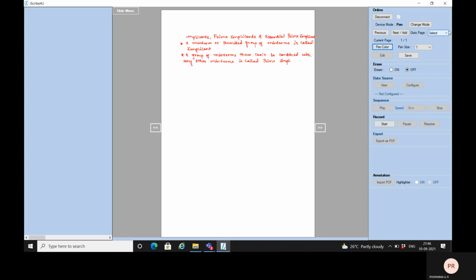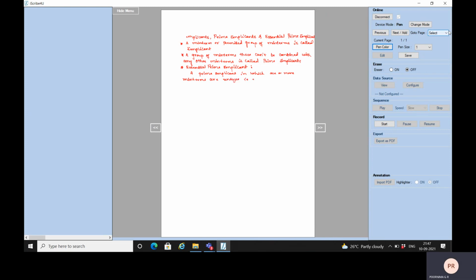If the essential prime implicant is to be defined, it is defined as a prime implicant itself in which one or more minterms or max terms are unique.